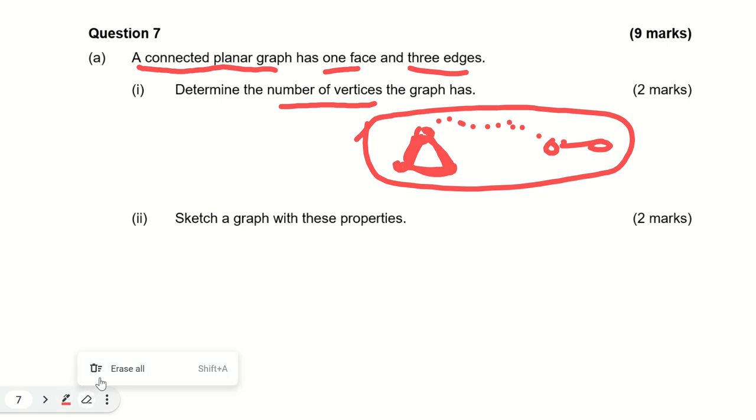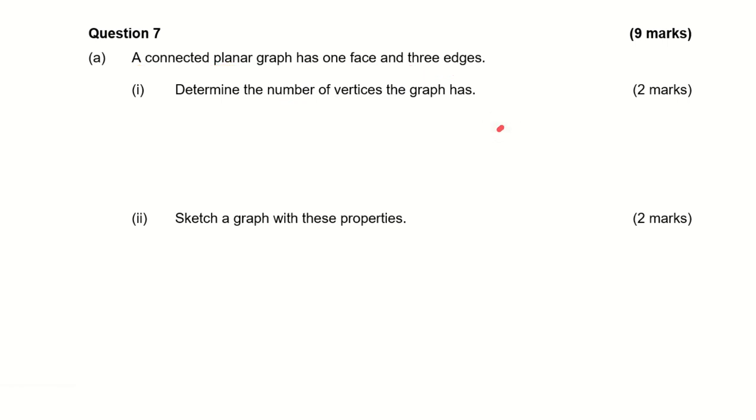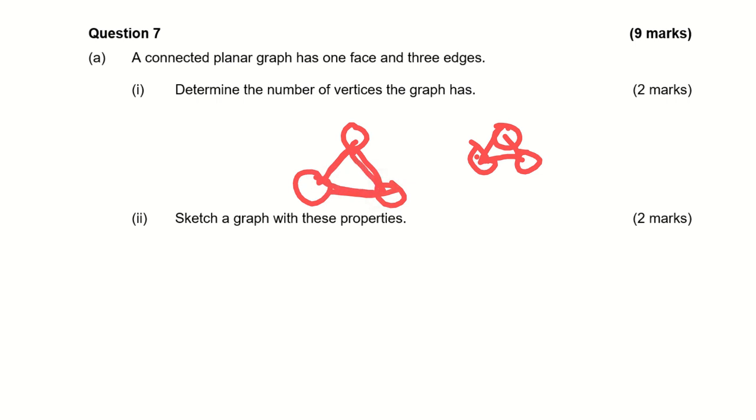So here's a quick example of a connected planar graph. This is a connected one, in a very messy drawing. Let's draw it a little bit better than that. That's a connected planar graph because I can choose any vertex and I can get to all the other vertices in that graph without lifting my finger, right?